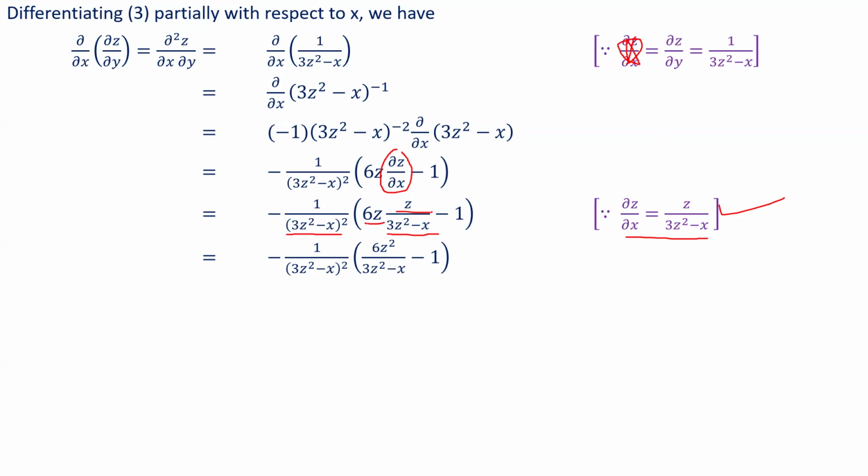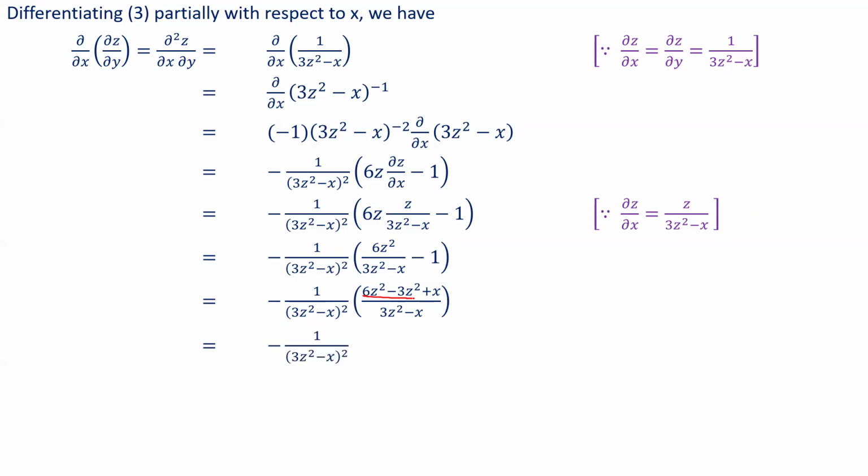This 6z into z will become 6z square upon 3z square minus x, minus 1. If we take the LCM, the LCM is 3z square minus x. So let us write down once again 1 upon 3z square minus x whole square, 6z square minus 3z square. This minus and minus will become plus x. Now this 6z square minus 3z square is 3z square plus x upon 3z square minus x.